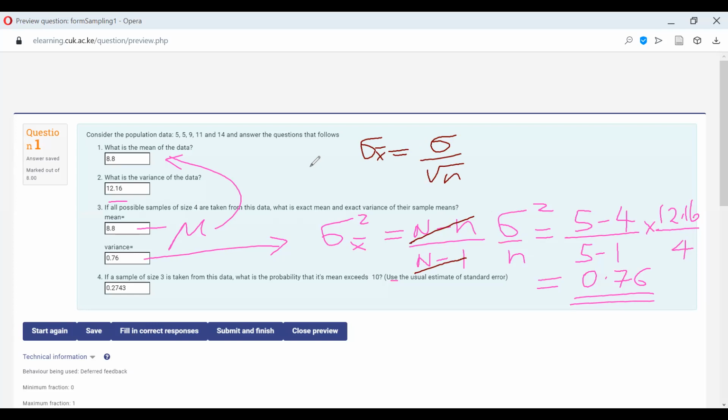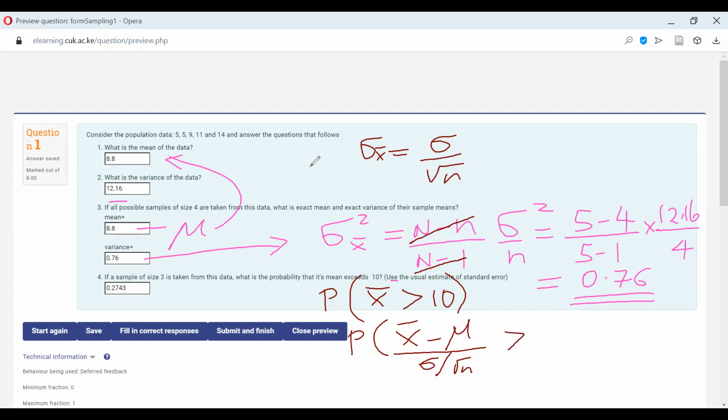So with that, we are saying that the probability that our mean x bar will exceed 10 should then be estimated by the Z score: x bar minus mu, the mean of the sample means, and then sigma over root n, the standard deviation of x bar, must be bigger than 10.